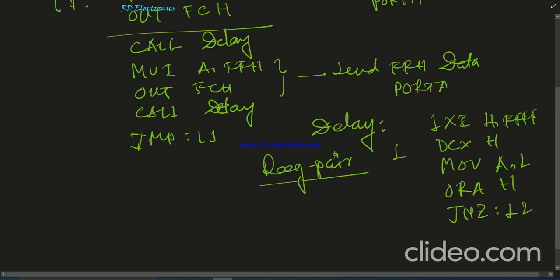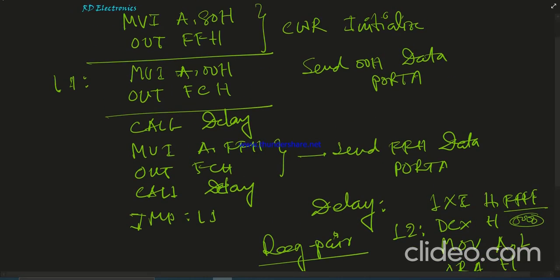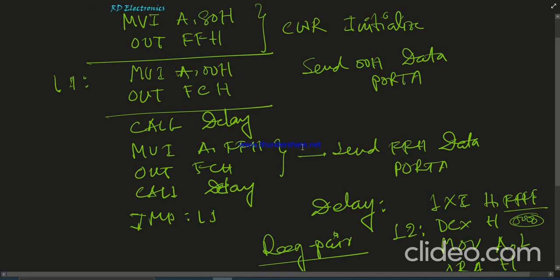So here we place our label. So when FFFF decrements to 0000, all are 0, then the loop is broken, otherwise jump if not zero is true. Okay, so now here we place the RET code. So after returning, this should be written here, and now this is the programming structure.